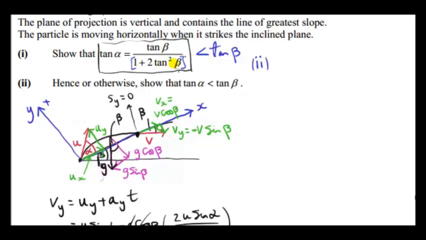Tan squared beta is a positive number, and we add twice that positive number to 1, which is obviously positive, so it's clear that the denominator is bigger than 1. So if you divide something by something that's bigger than 1, what you end up with is something less than what's on top. So if we divide tan beta by something that's greater than 1, we get something that's less than tan beta. And if this is less than tan beta, then obviously tan alpha, which is equal to this, is less than tan beta.